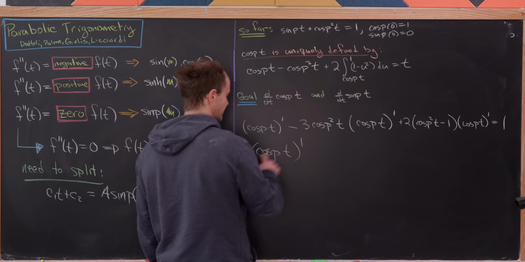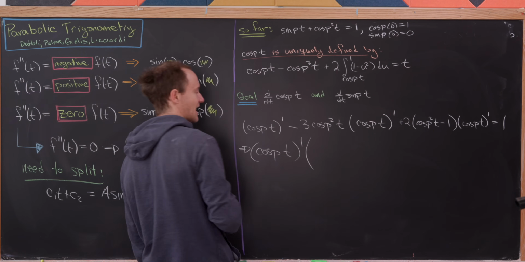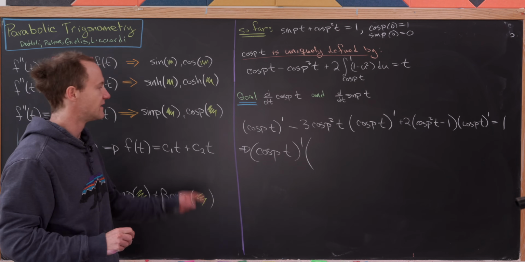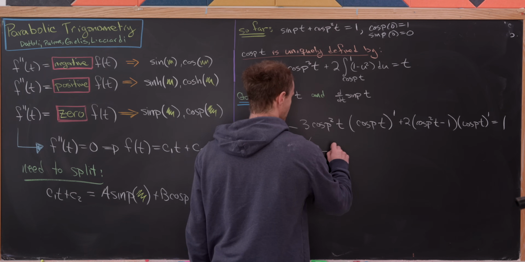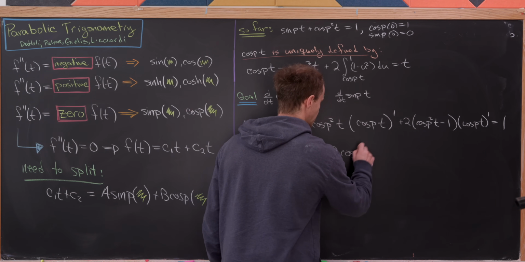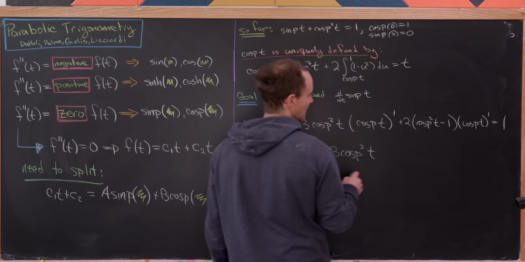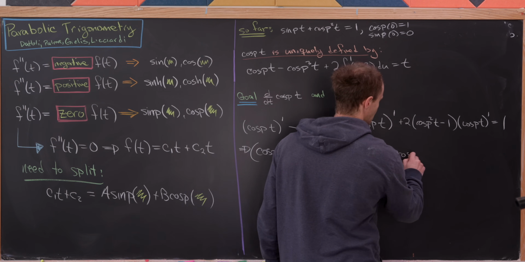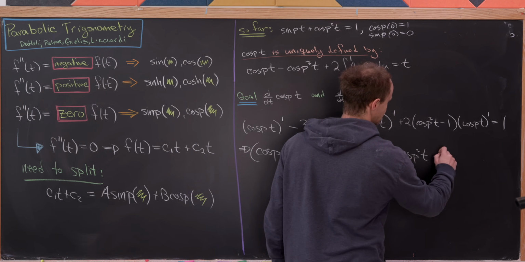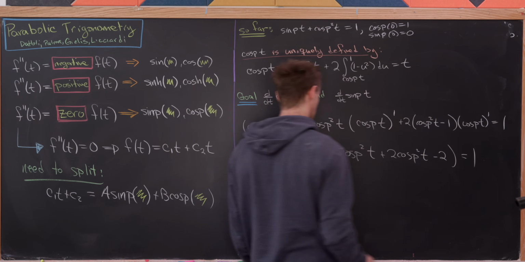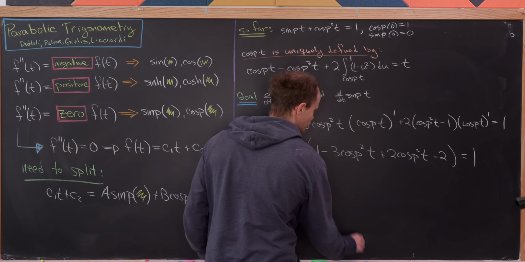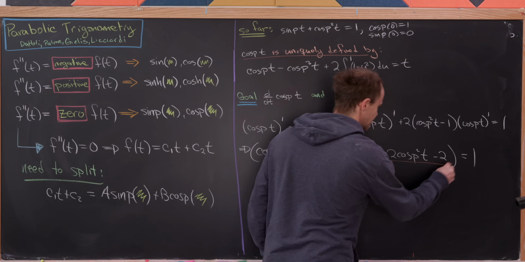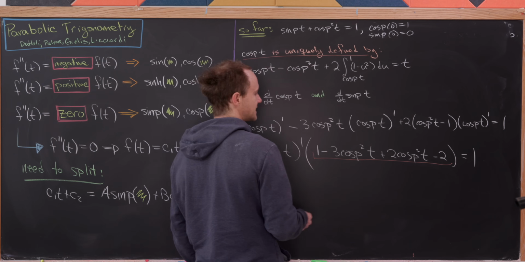So let's do that. So we've got parabolic cosine prime. We can factor that out of this left-hand side. And that's going to leave me with 1 minus cos_p squared t, and then plus 2 cos_p squared t minus 2 equals 1. But now observe that we can take the terms here in these parentheses and most definitely combine some.